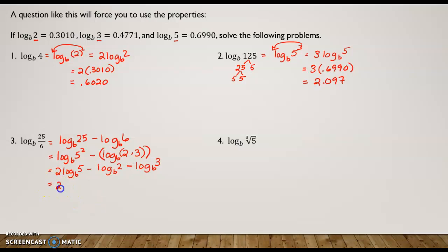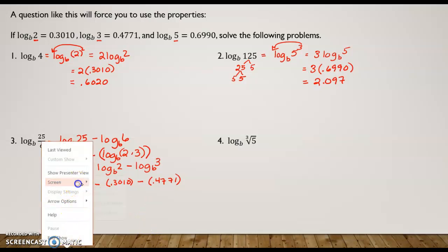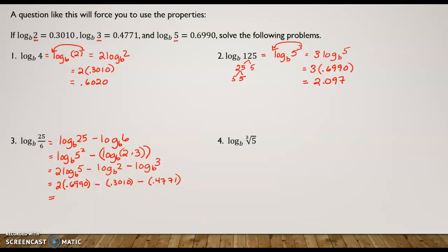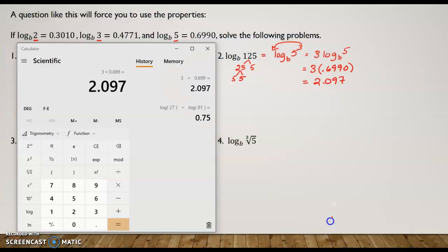So this would be 2 times log base b of 5, which is 0.6990, minus log base b of 2, which is 0.3010, and log base b of 3 is 0.4771. So I would subtract all that.